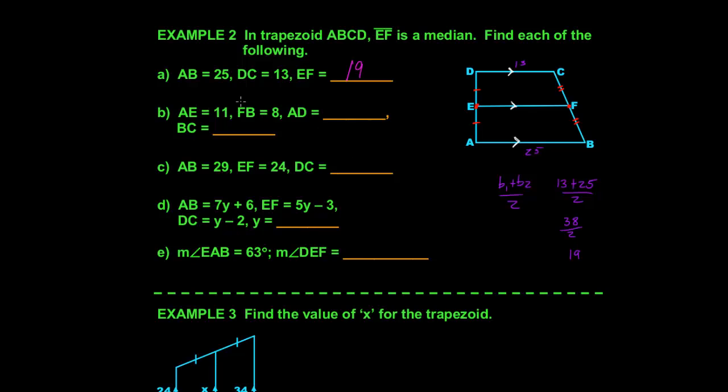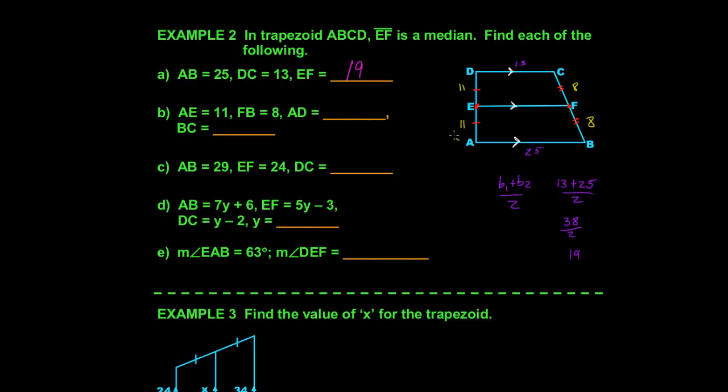Alright, let's see, it's now giving us AE. AE is equal to 11. FB is equal to 8. AD, well, we already know that this is equal to this. So we know that this is now 11. Now this is 8, just in case it asks us. Now it's asking us for AD.